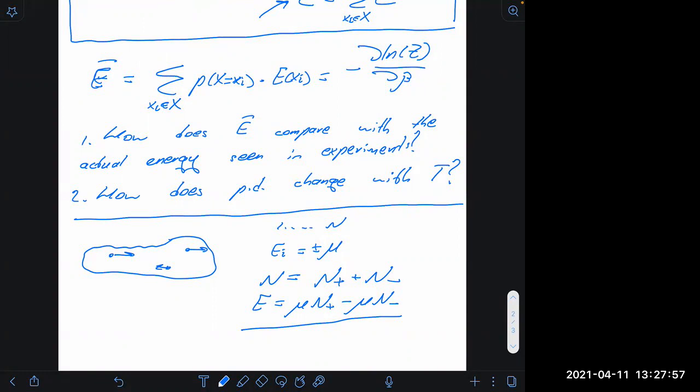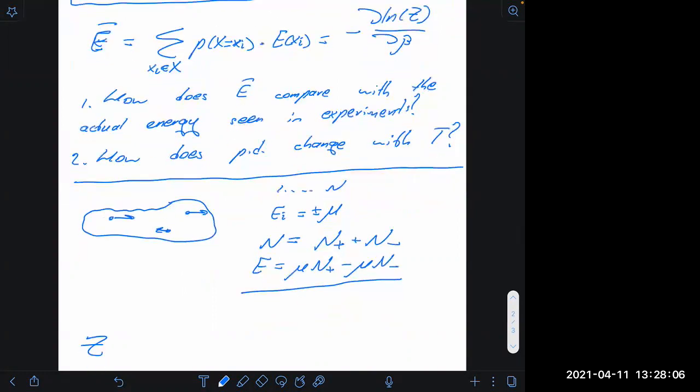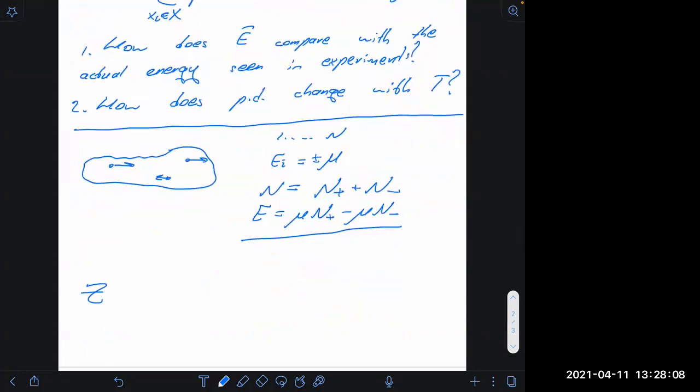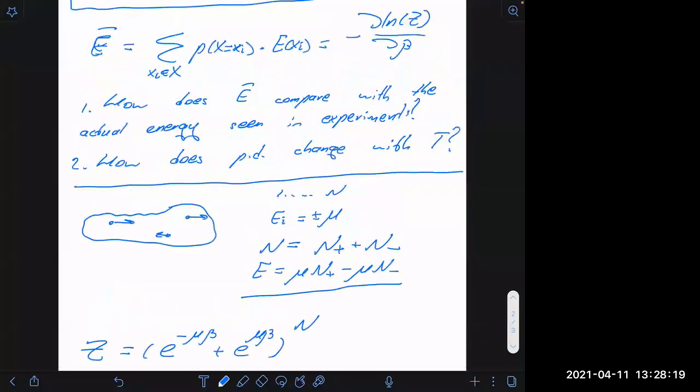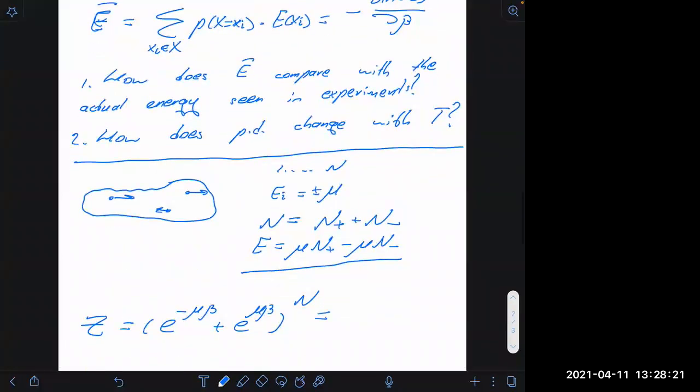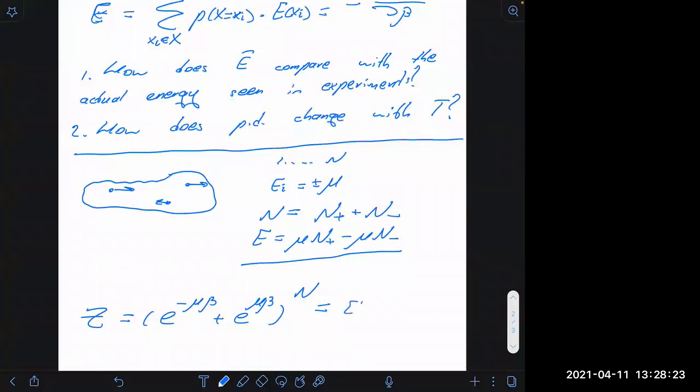How many ways can we pick two particles to orient positively? If you continue down this argument, you will figure out that this is a binomial formula. We're not going to write it all out, but what we'll get is e to the minus mu beta plus e to the mu beta, to the power of n, which is actually 2 times hyperbolic cosine of mu beta.